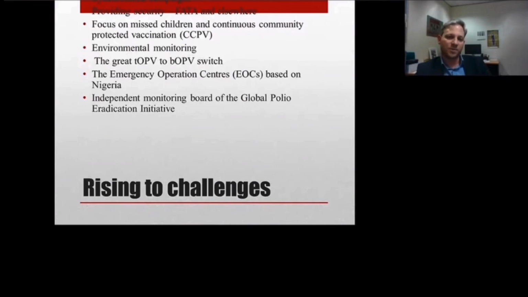So the switch from trivalent to bivalent is to get rid of type 2 to stop type 2 re-emerging in the world. So, you know, 1/3 of the problem is gone. Type 3, in fact, hasn't been seen for over 12 months and may also be gone from the world. So it's really type 1 poliovirus, which is the only remaining reservoir type in existence.